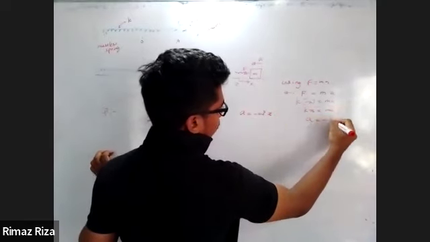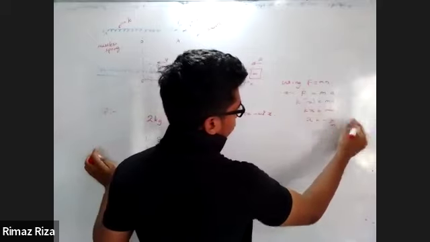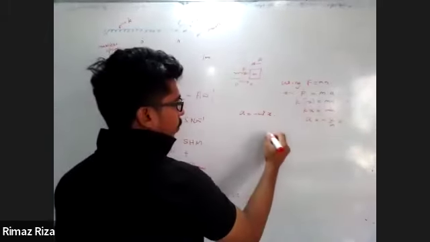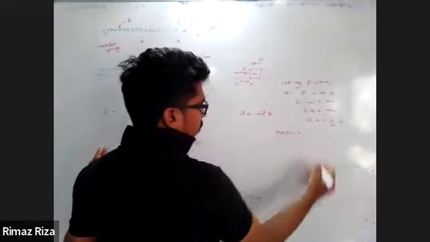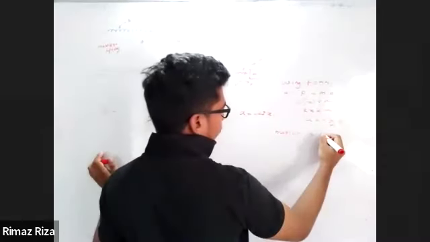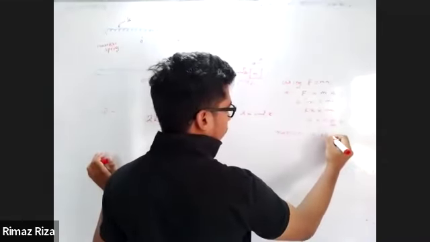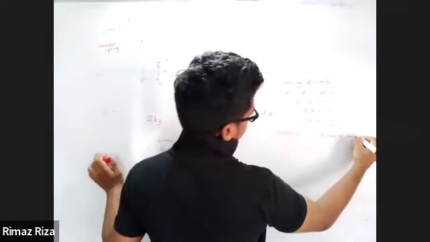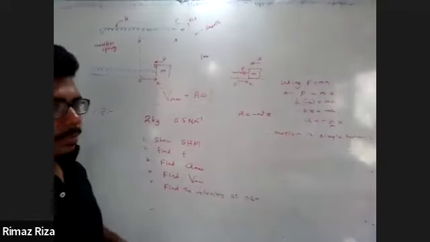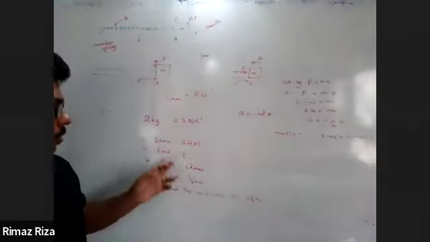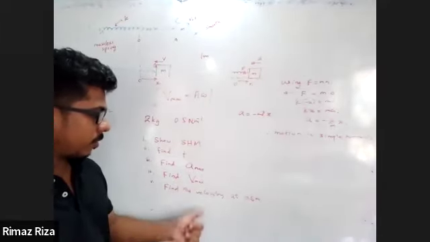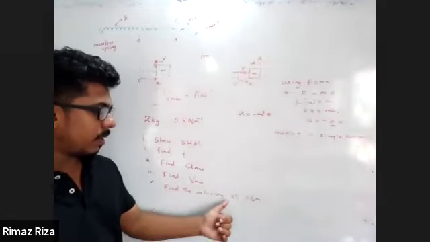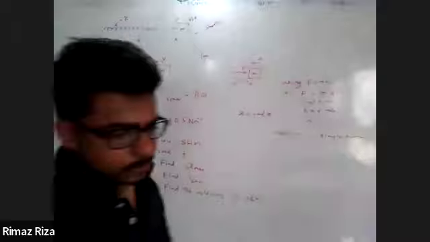Therefore a equals minus k over m x, so the motion is simple harmonic. Then find f, find the maximum acceleration, find maximum velocity, and find the velocity of the particle at 0.5 meter.